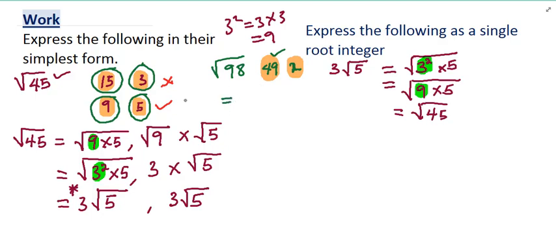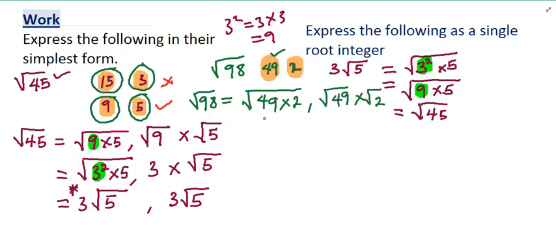So this is sod 98. I can now progress to sod 49 multiplied by 2, or sod 49 multiplied by sod 2. So from here I simplify to 7 raised to power 2 times 2, and right here is sod 49.